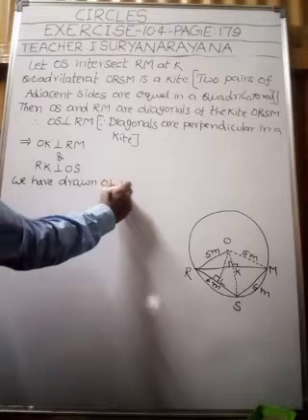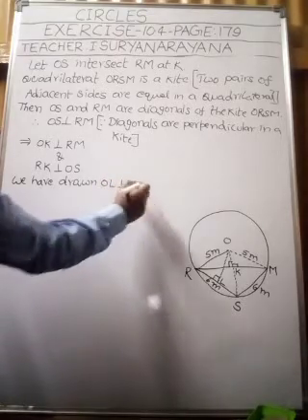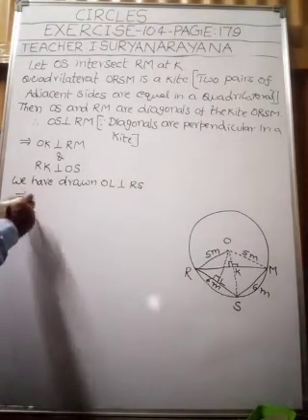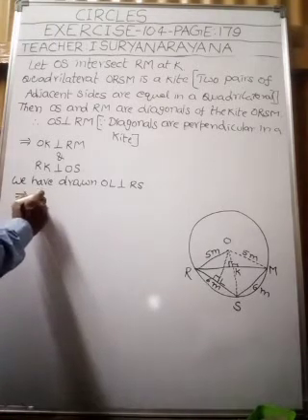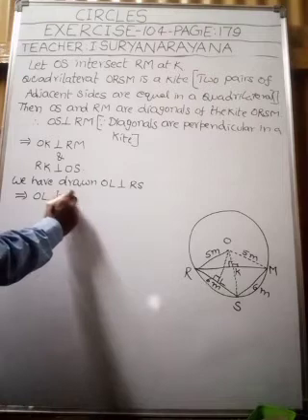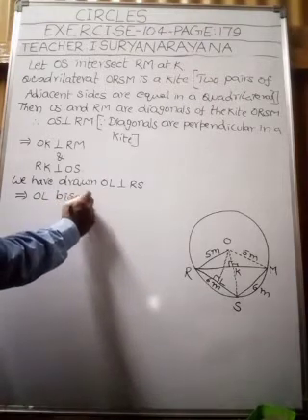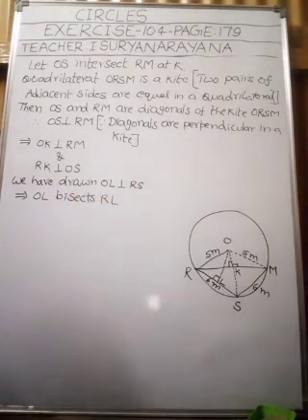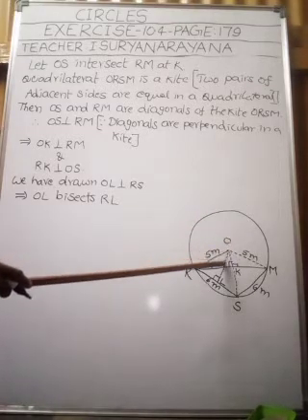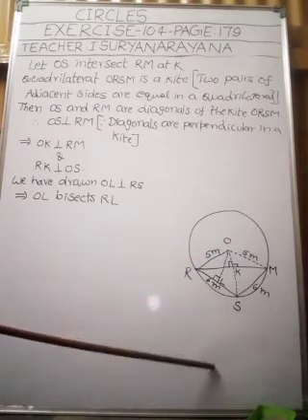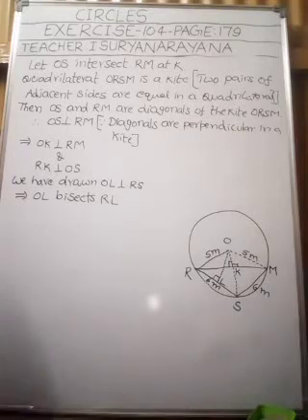This implies OL bisects RS, because the line drawn perpendicular from the center to a chord bisects the chord.